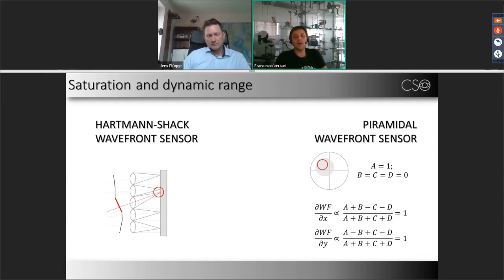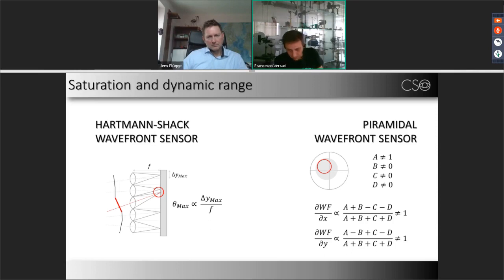So how can we correct this, and how can we avoid this? For the pyramidal wavefront sensor, it's pretty easy. We simply have to choose a retinal spot size big enough to cover, for every slope, the four faces of the pyramid.